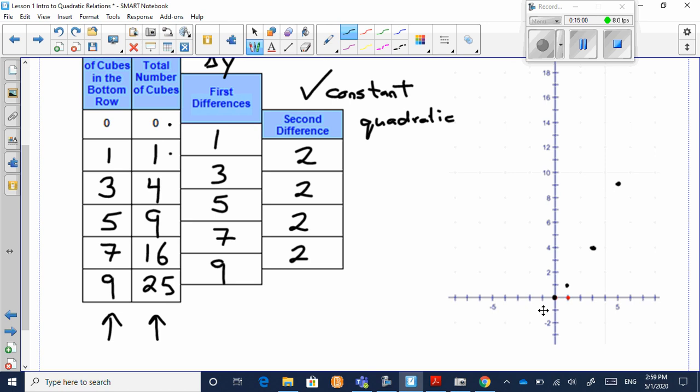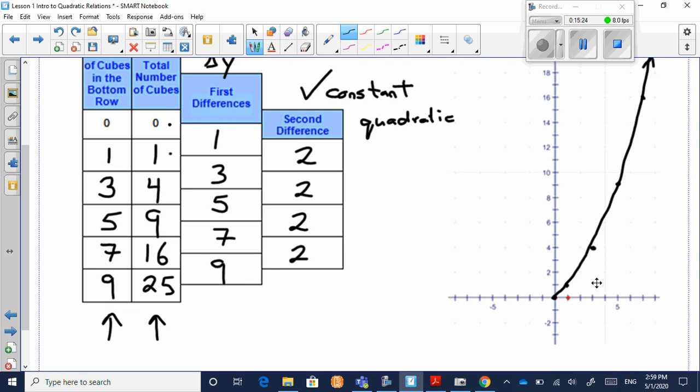I think I could fit one more on there. 7, and I'm going to go up to 16. I won't fit that last one on. But you can see what we're getting here is this curved line. It's curving up and getting steeper and steeper.